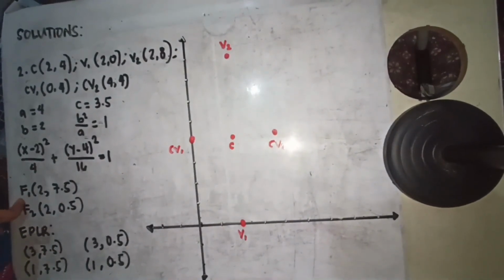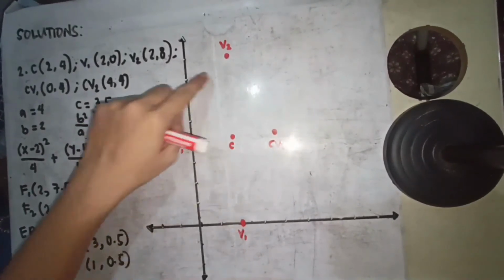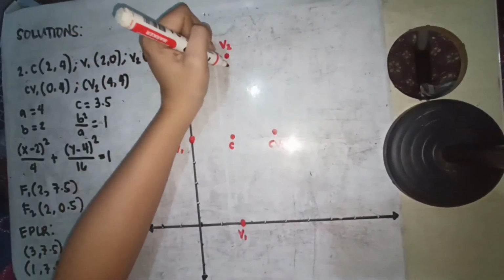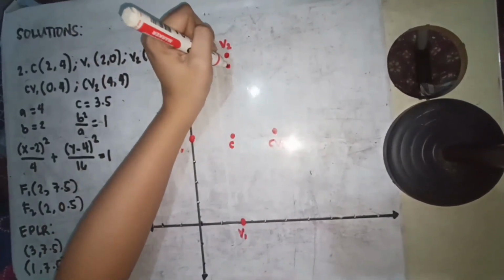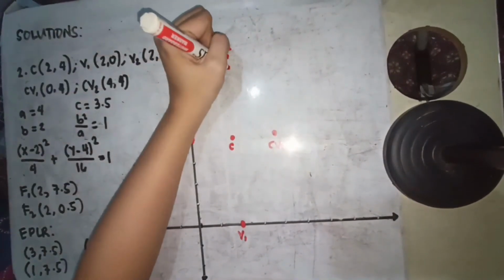Next, we also have our focus or foci. We have F sub 1, that is positive 2 and 7.5. So, positive 2, 1, 2, and then 7.5 since 8 man so tunga-tunga, duol-duol lang. Okay, so therefore, naa diri.